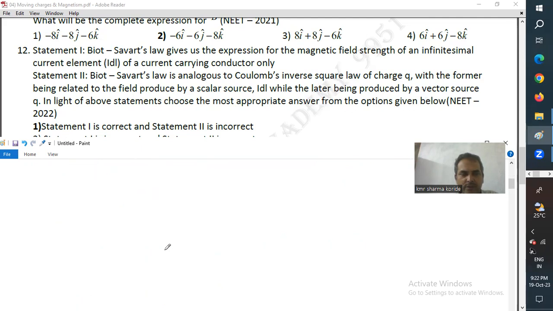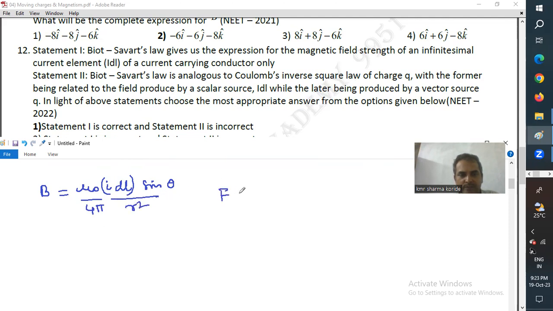So let us recall the Biot-Savart law. B is equal to mu naught I dl sin theta divided by 4 pi r square, where I dl is the current element. This is the Biot-Savart law.